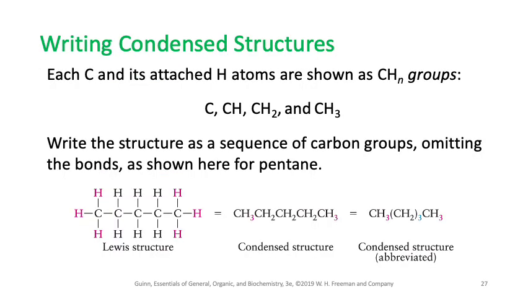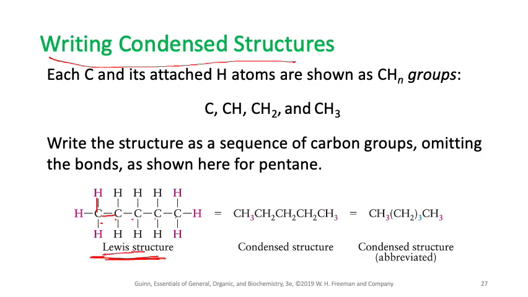So let's start writing and try to get some idea about writing the condensed structure of an organic compound. Let's take an example of the Lewis structure that we have been learning since the beginning of this chapter. How many carbon do we have there? 1, 2, 3, 4, 5 carbon, and we have 12 hydrogen, and we can see each and every bond between carbon and carbon, between carbon and hydrogen.